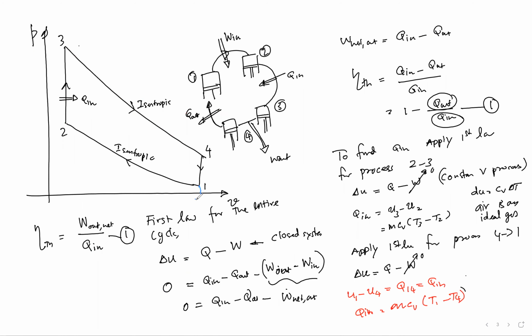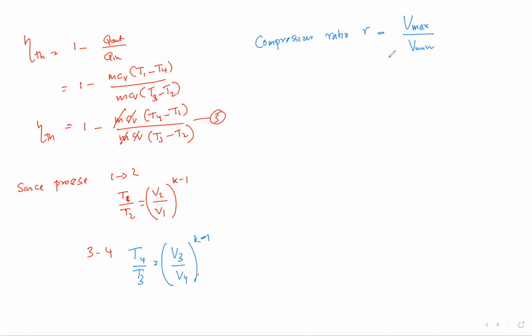V max is V1. V min is V2, which is equal to V3, and V1 is equal to V4 because these are constant volume processes. So I can write that R is equal to V1 over V2.